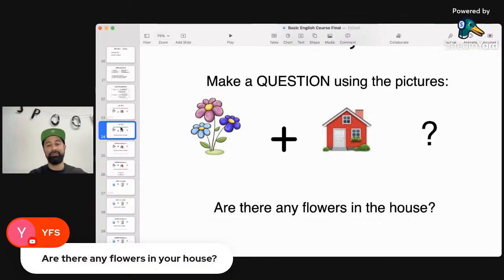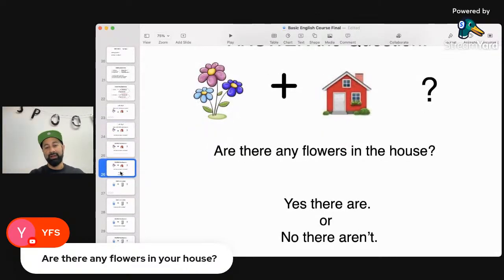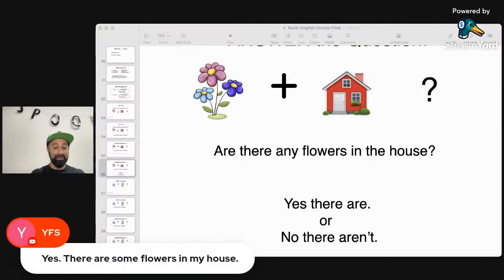There's 2 possible answers for this. Anytime we have a yes/no question, I really want you to answer yes, there are, or no, there aren't. Always answer a yes/no question with yes or no at the very beginning. Okay. So we've got YFS: yes, there are some flowers in my house. Perfect. Very good.